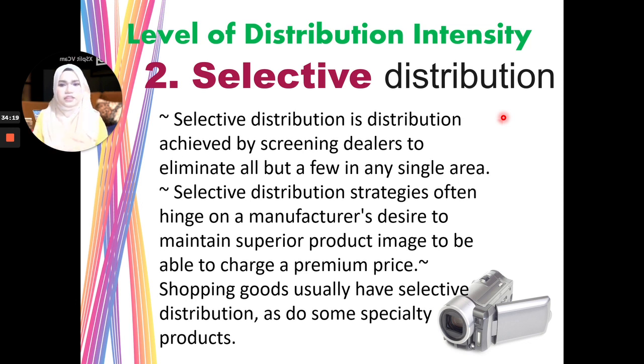The selective distribution strategy often hinges on a manufacturer's desire to maintain a superior product image. You don't want to make it available everywhere because of the product image. You want to preserve the premium quality of the product, but not so exclusive. Still, normally it is related to shopping goods.